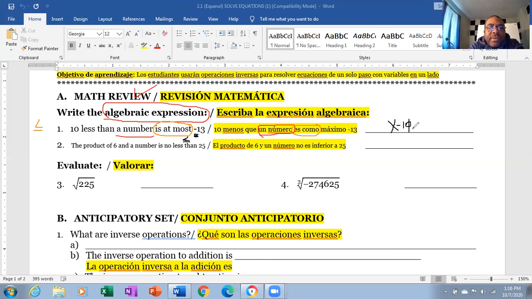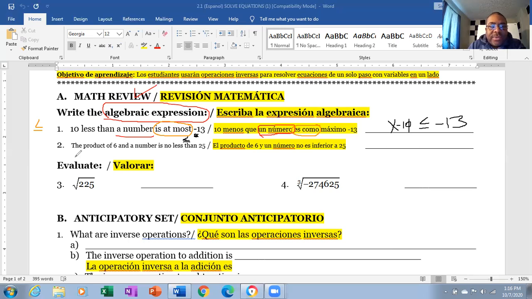So if I say a number, a 10 less than a number, then the number comes first and then 10, so a number is X, 10 less minus 10 is at most. And like I said earlier, we're going to go with this inequality because is at most is that inequality, which means less than or equal to negative 13.